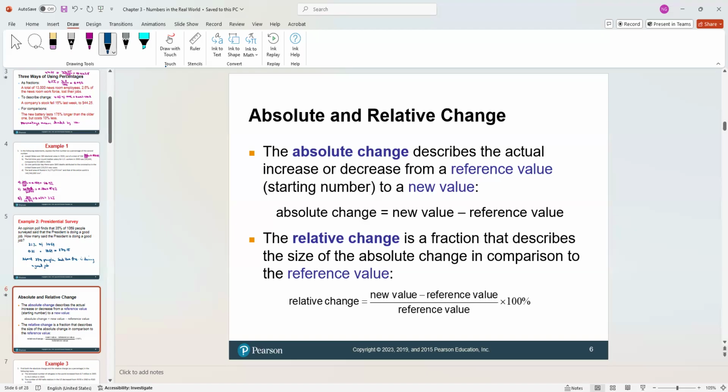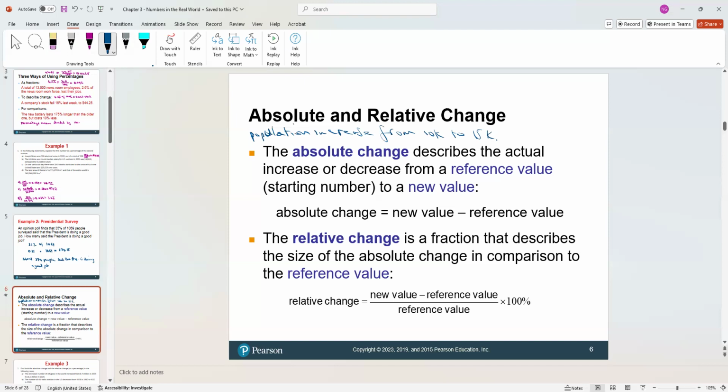So the absolute change describes the actual increase or decrease from a reference value to a new value. The reference value for us, population increase from 10,000 to 15,000.